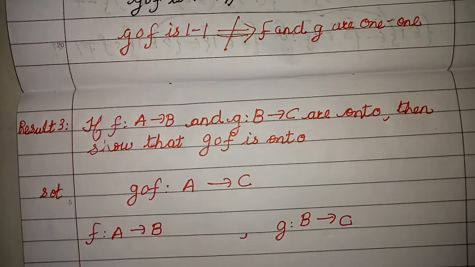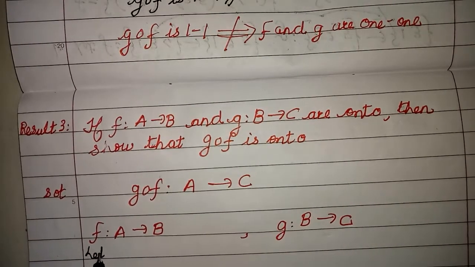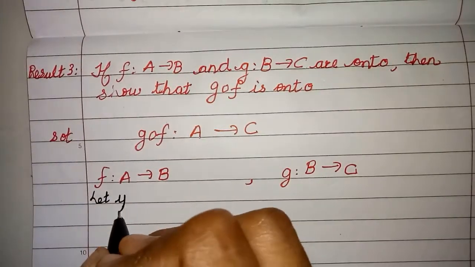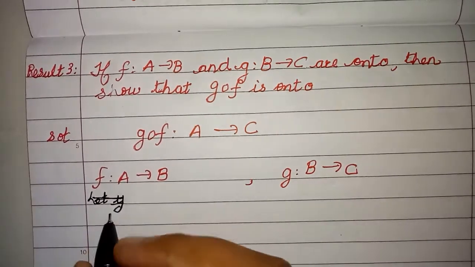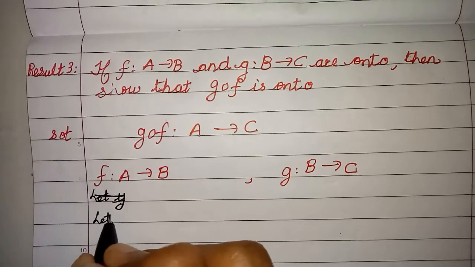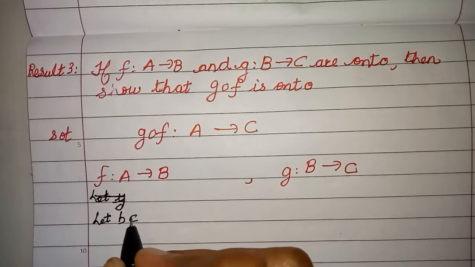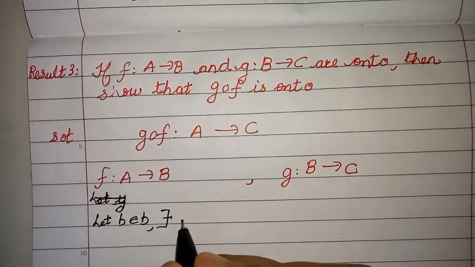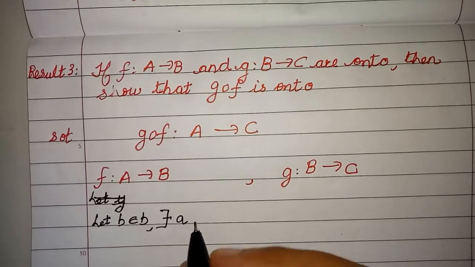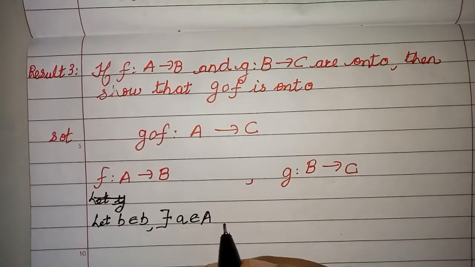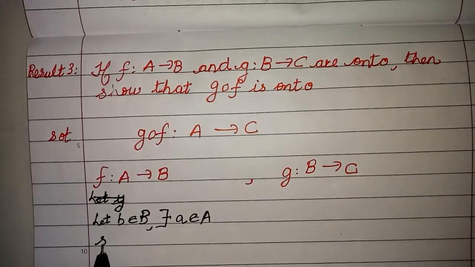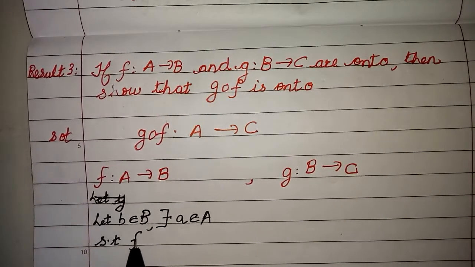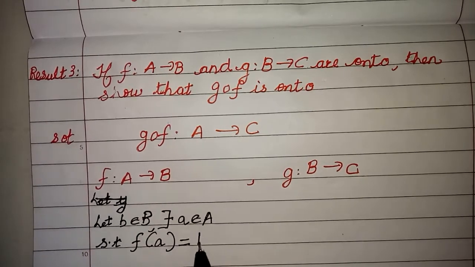So what will happen here? By definition of onto, let b belong to B, then there exists a belonging to A such that f of a will be equal to b.